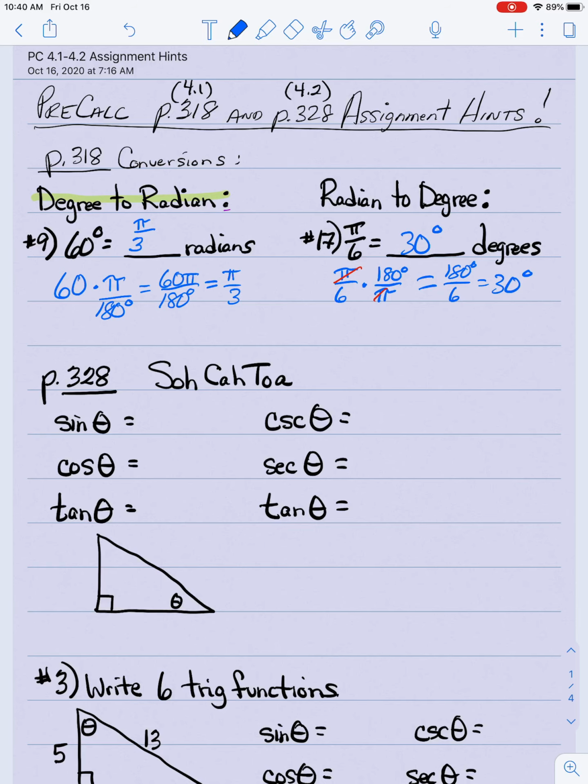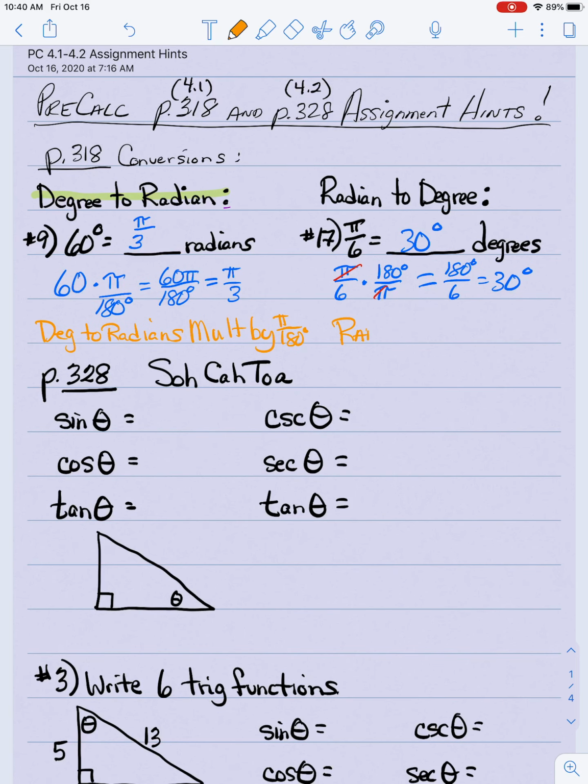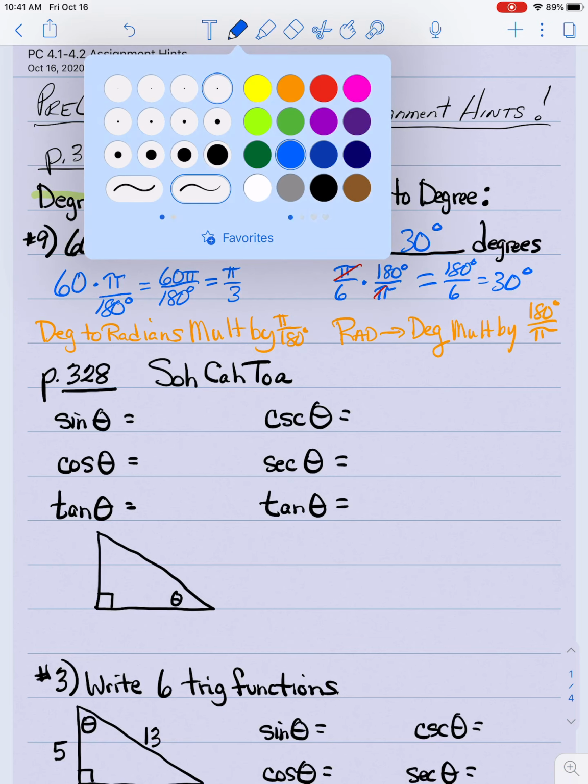So basically, if you want a little rule of thumb, if you want to go from degrees to radians, you're going to multiply by pi over 180. Okay, and if you want to go from radians to degrees, you're going to multiply by 180 over pi. Okay, so there's a couple hints on those two items.